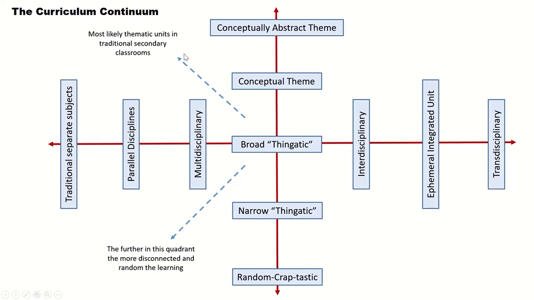So ideas of change within chemistry, for example, or matter and energy cycling in biological systems, as opposed to just learning about cells and photosynthesis. In this quadrant down here, we can have very interdisciplinary, transdisciplinary, but it's random craptastic in the sense that the students don't really know what the purpose is, why we're doing it, how things connect together.